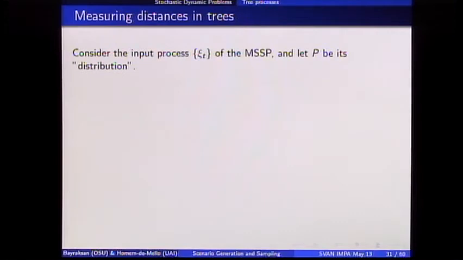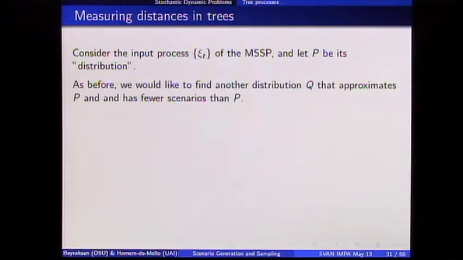Okay, so let's consider now this input process. Notice that I talk about the process, because now we have X1, X2, all the way to Xt, so we talk about the stochastic process. And let P be, we'll see why I'm putting distribution in quotes, we'll come back to that issue in a second, some way to measure the distribution of this stochastic process.